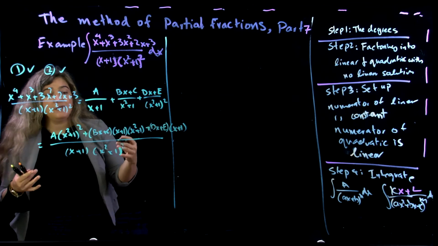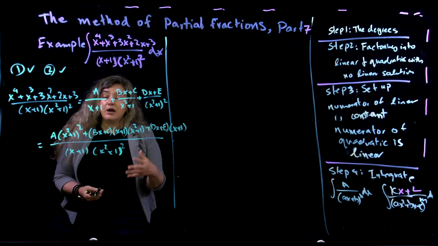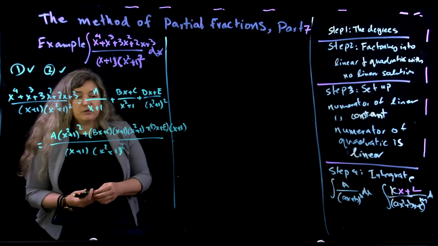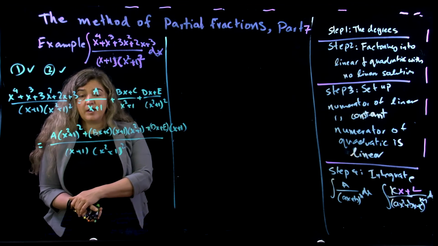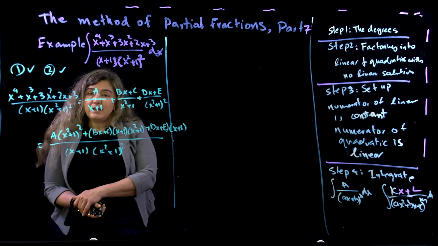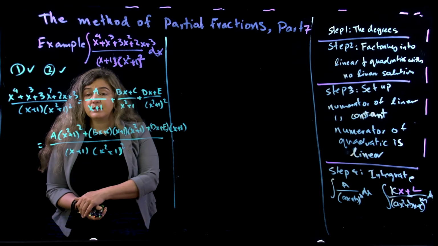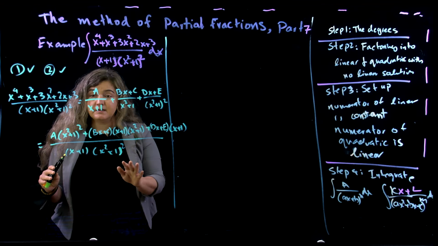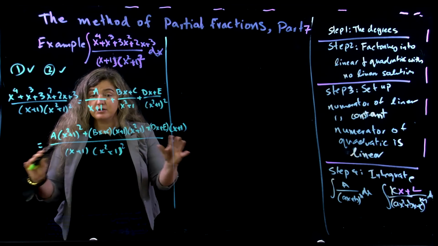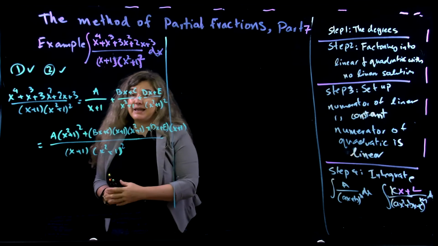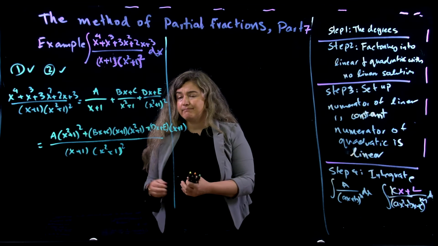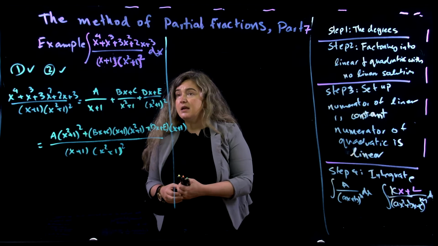And now we're at this point where the numerators should be set equal to each other, except the numerator is somewhat of a mess up here. Basically, there are ways of solving some of these coefficients without completely expanding everything out, and those ways are nicer and work nicely for us.